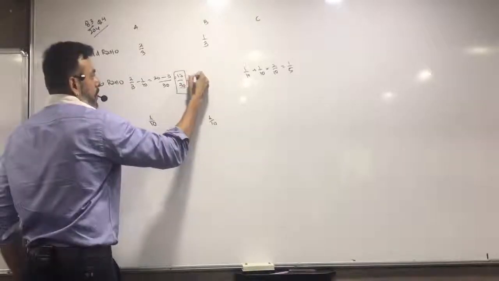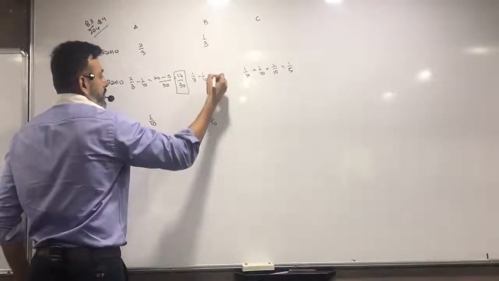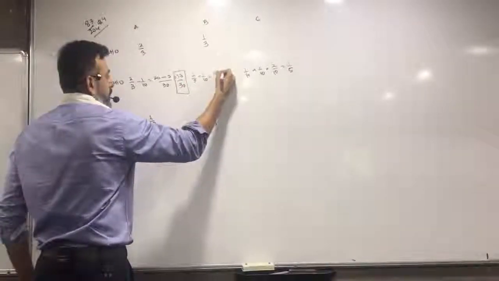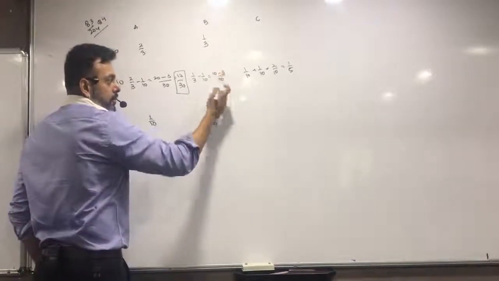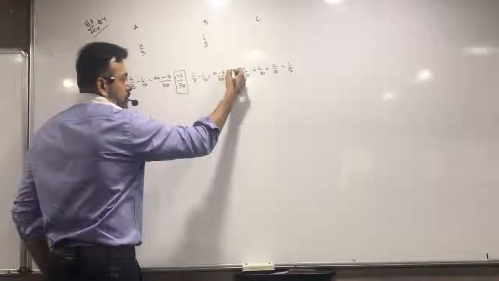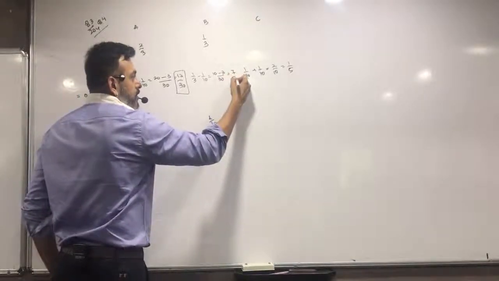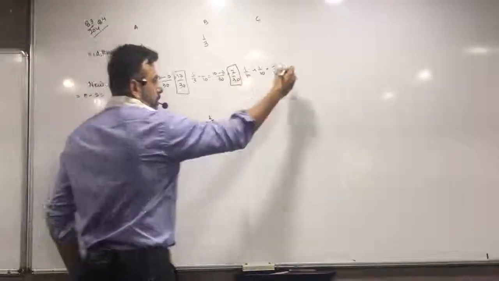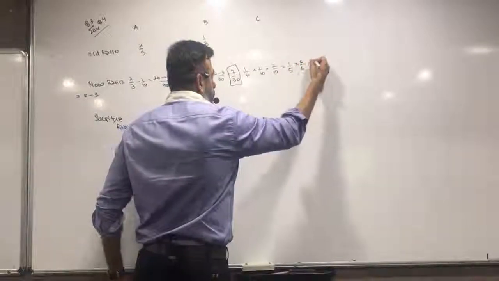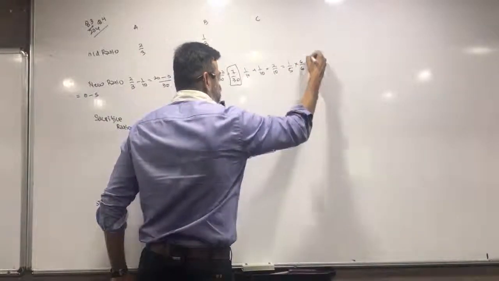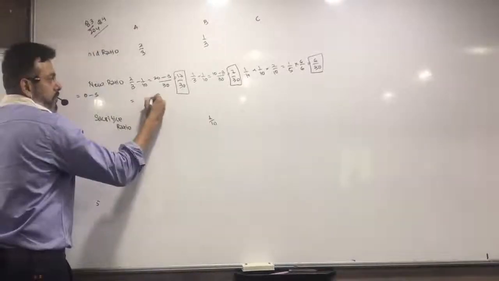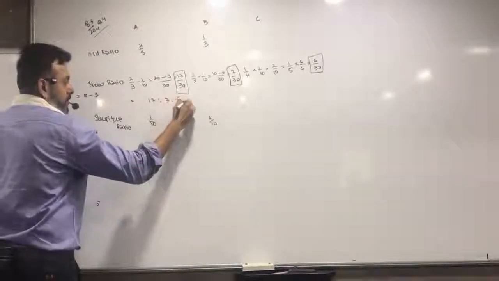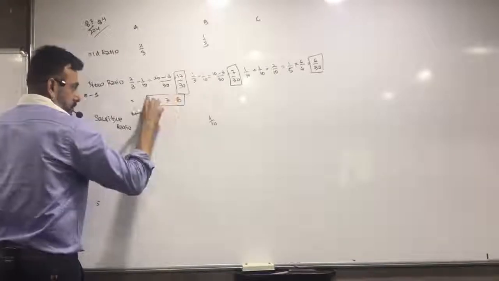And over here 1 by 3 minus 1 by 10 is equal to 10 minus 3 upon 30, which is 7 by 30. Over here into 6 upon 6, so 6 by 30. Got it? So new ratio is equal to 17:7:6.